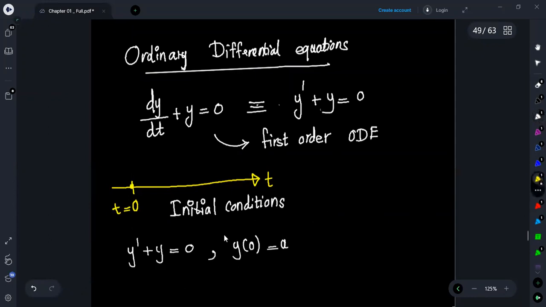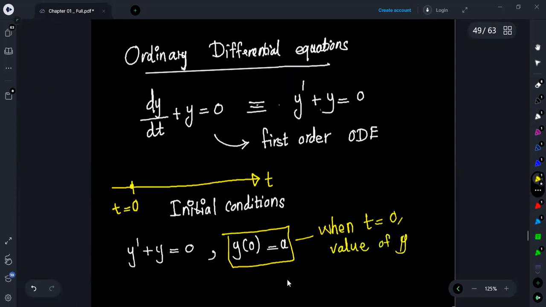The meaning of this statement is, when t is equal to 0, the value of y is equal to a.